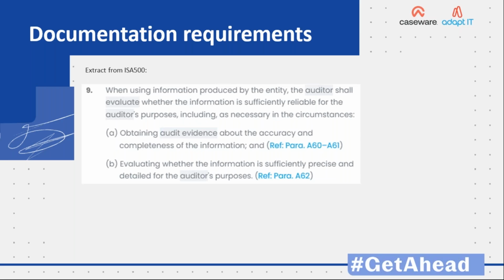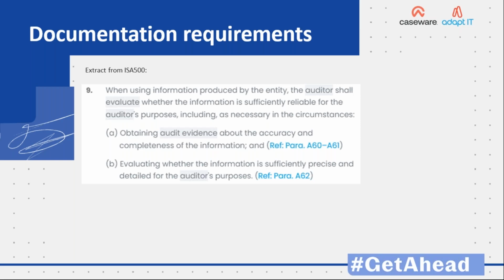Now, an extract from ISA 500, section 9: when using information produced by the entity, the auditor shall evaluate whether the information is sufficiently reliable for the auditor's purpose, including, as necessary in the circumstances, obtaining audit evidence about the accuracy and completeness of the information, and evaluating whether the information is sufficiently precise and detailed for the auditor's purpose.